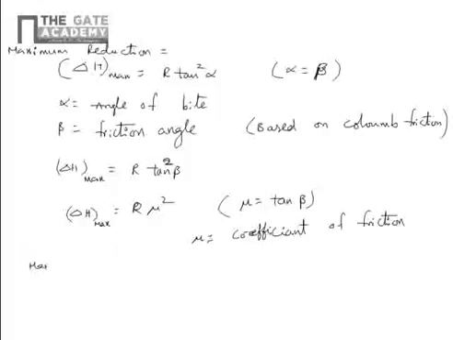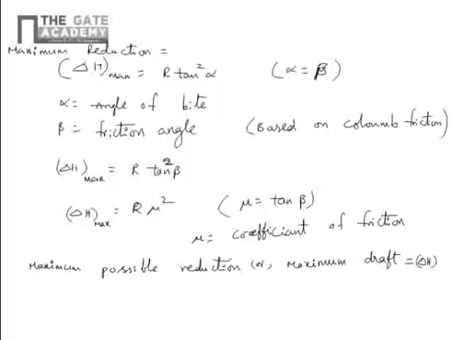It is called maximum possible reduction or maximum draft, equal to delta H max.